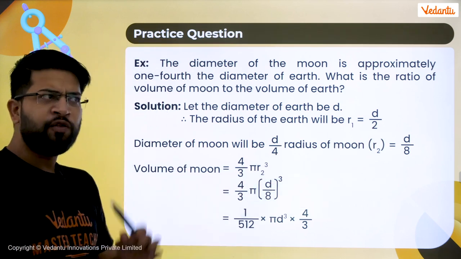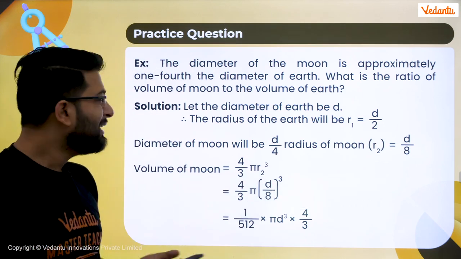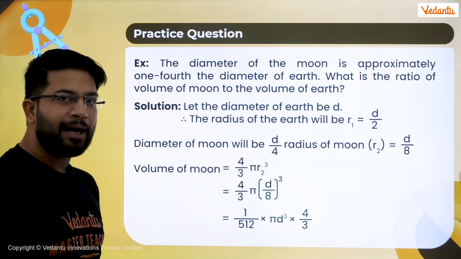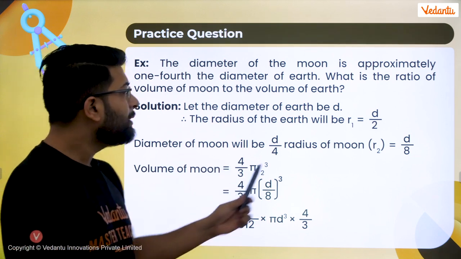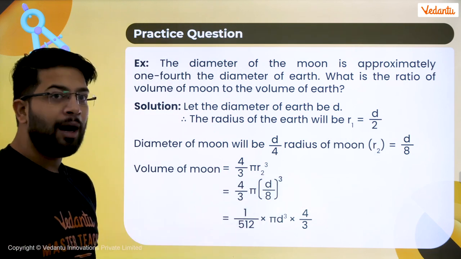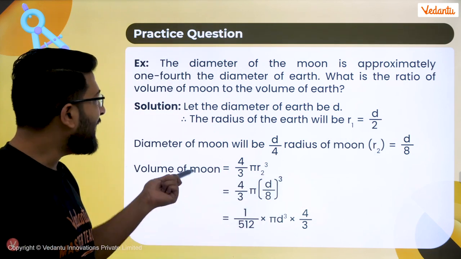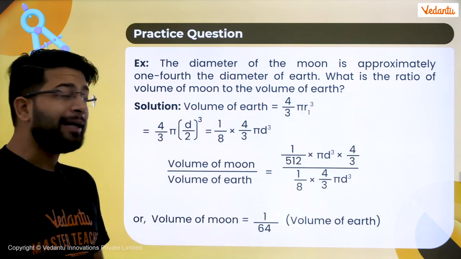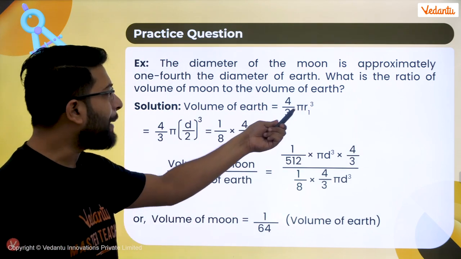Now, in order to find the ratio of the volume, simple. The volume of the moon will be what? 4/3 pi r cube. The radius of the moon is d upon 8. This is the volume of the moon. Now, same for the Earth. The radius is d by 2. We can find the volume 4/3 pi r cube.